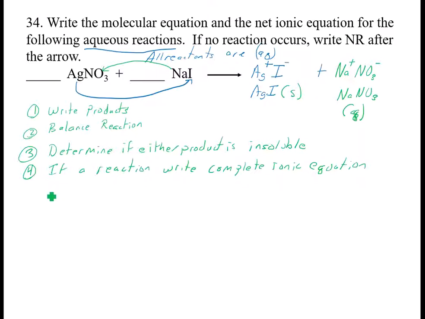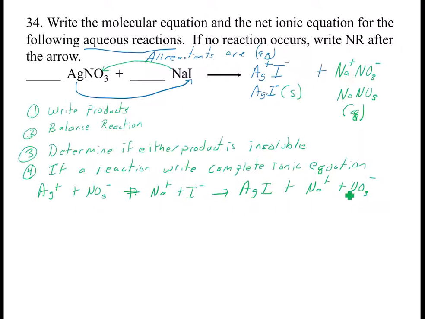So I have Ag plus NO3 minus plus Na plus I minus, because all my reactants are aqueous. But the product AgI being a solid stays together, and the NaNO3 being aqueous breaks down to Na plus and NO3 minus.